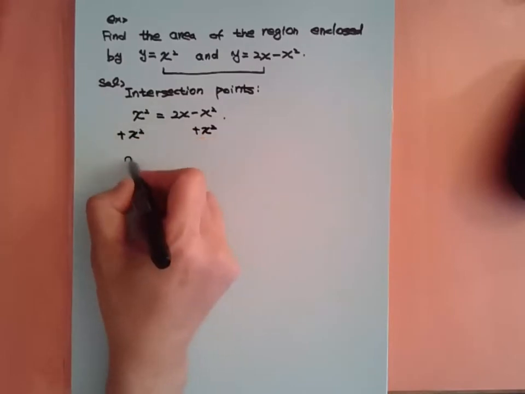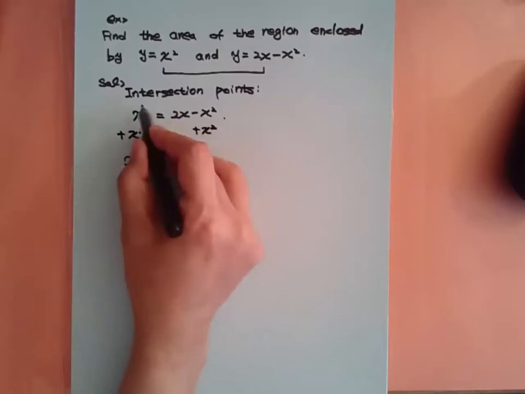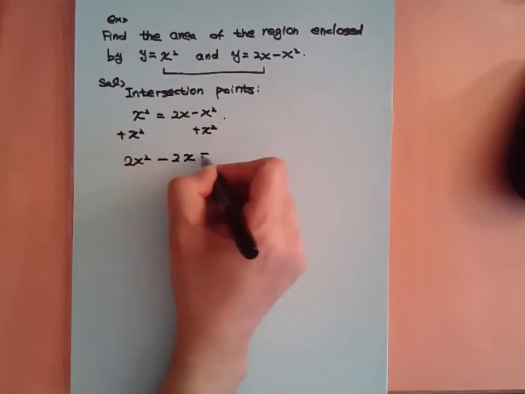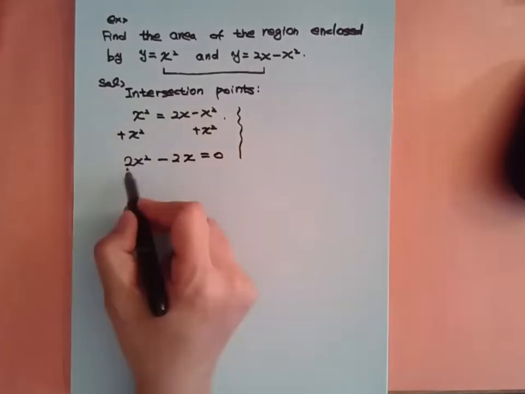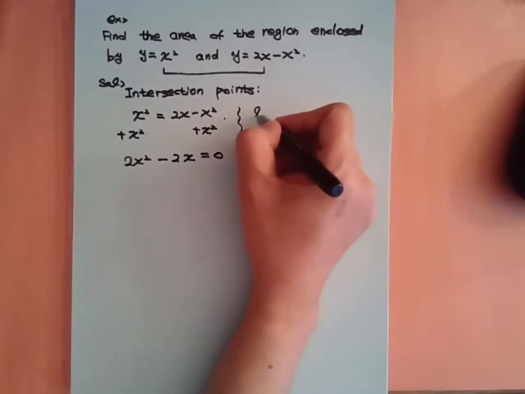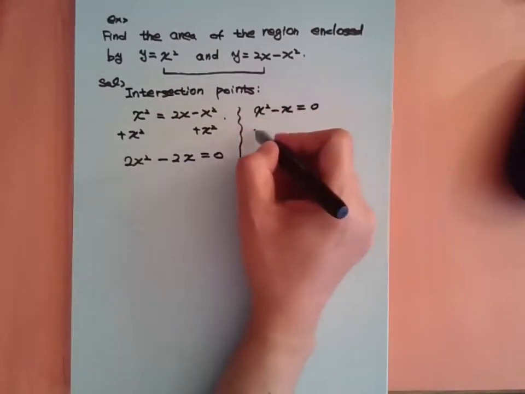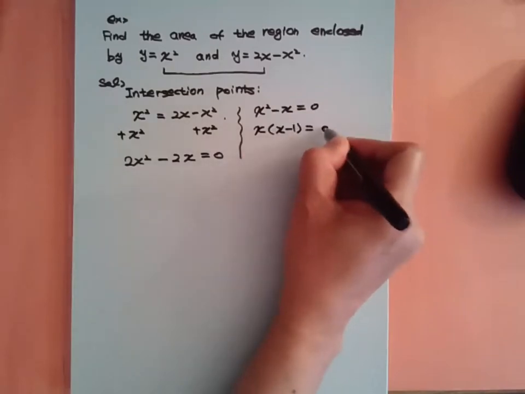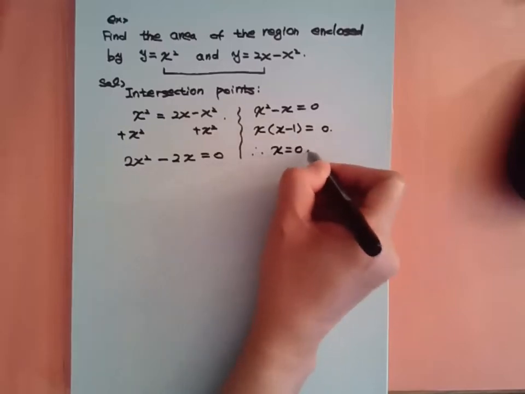Then we get 2x squared, and we move 2x to the left. Then we have to subtract 2x on both sides. We divide by 2 on both sides, then 2 will vanish. So we have x squared minus x equals 0. The common factor is x, so x times x minus 1 equals 0. So x equals 0 or 1.